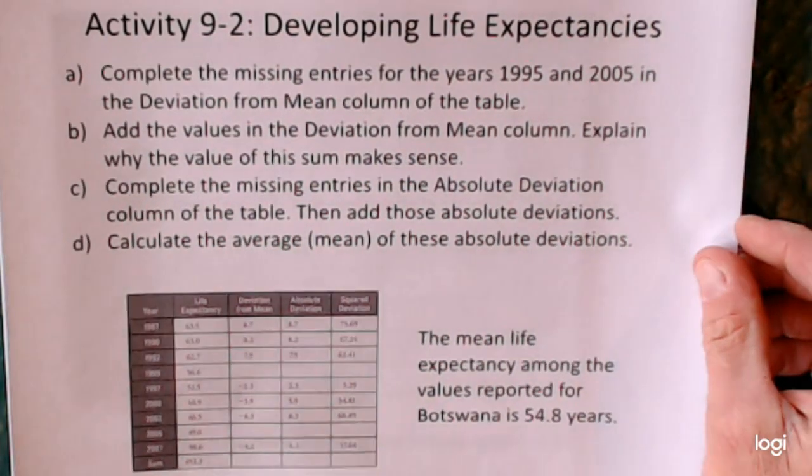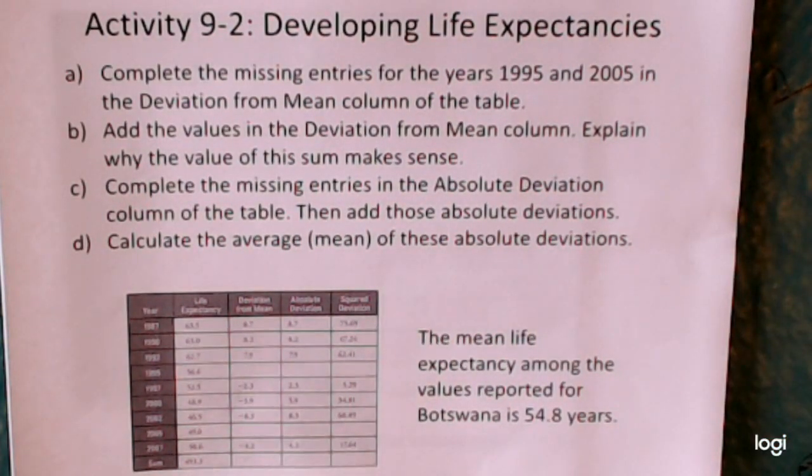If you remember, we have these two countries, Botswana and Papua New Guinea. And what we want to do is calculate the standard deviation and use that as a measure of how consistent those data sets are.